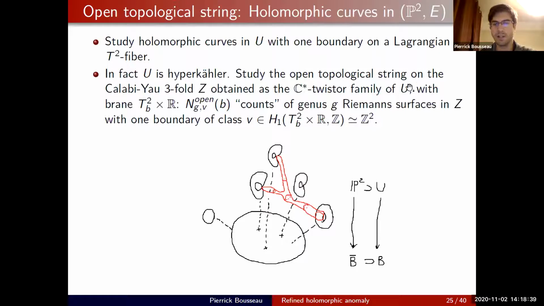The hyperkähler manifold U has a P1 family of compatible complex structures, and you consider C star inside it, and you consider the family over C star. You get some Calabi-Yau threefold geometry. All the holomorphic curves will live inside the surface U, but the full geometry is 3-dimensional.